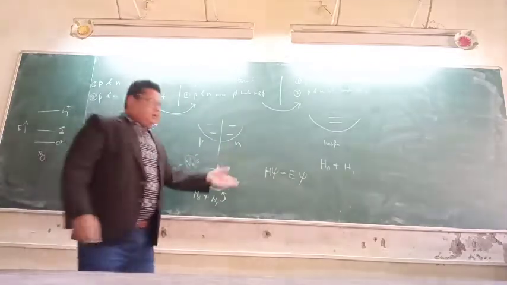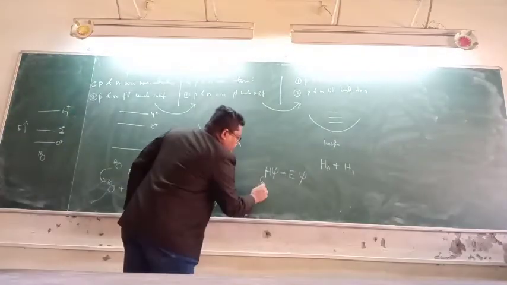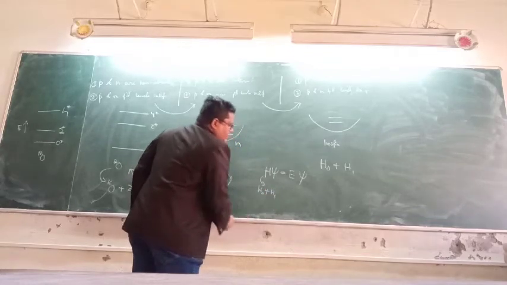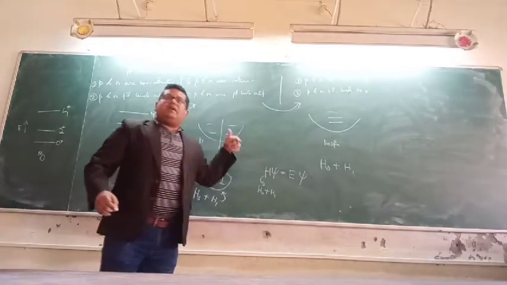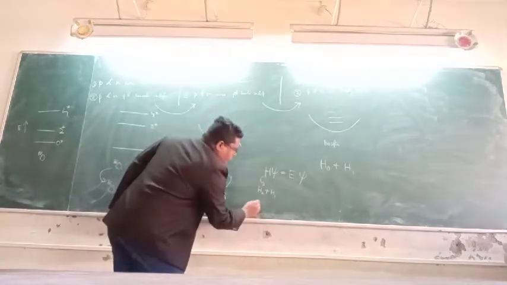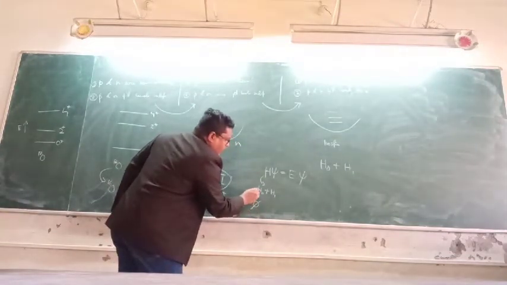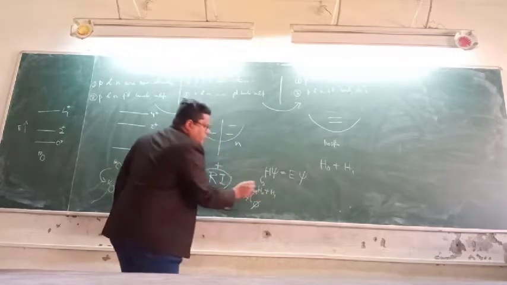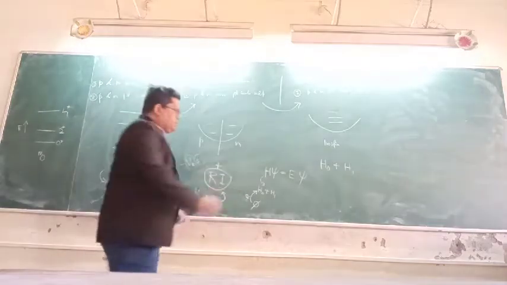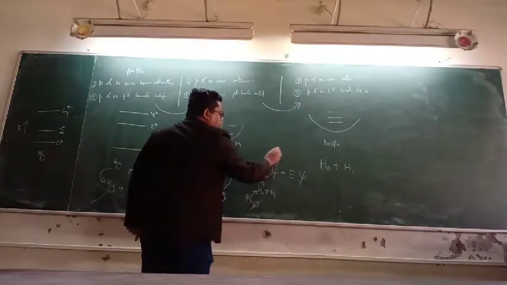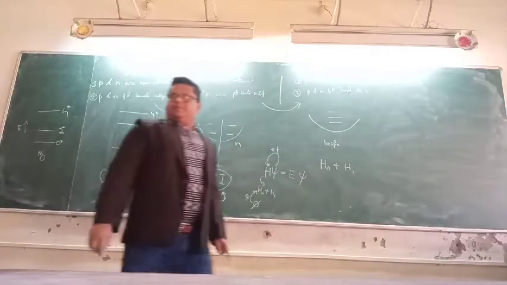And later on we decomposed this to H0 plus H1, and then I introduced a new set of wave functions. Remember what they were? They were phi, and they were basically eigenfunctions. These phi were eigenfunctions of the core wave function. But this psi is basically the eigenfunction of the actual Hamiltonian.